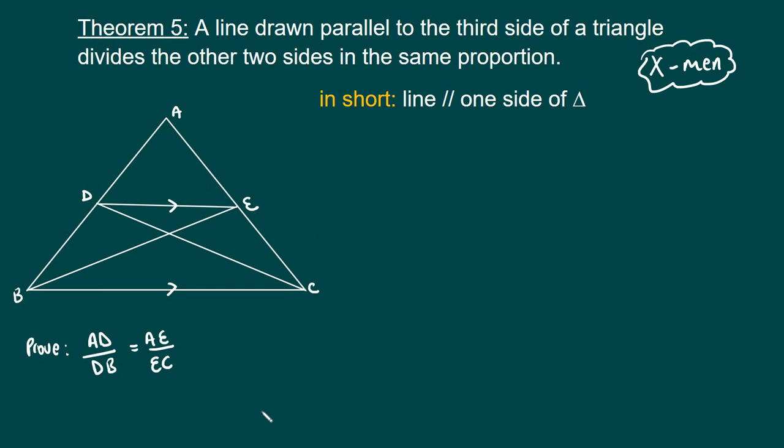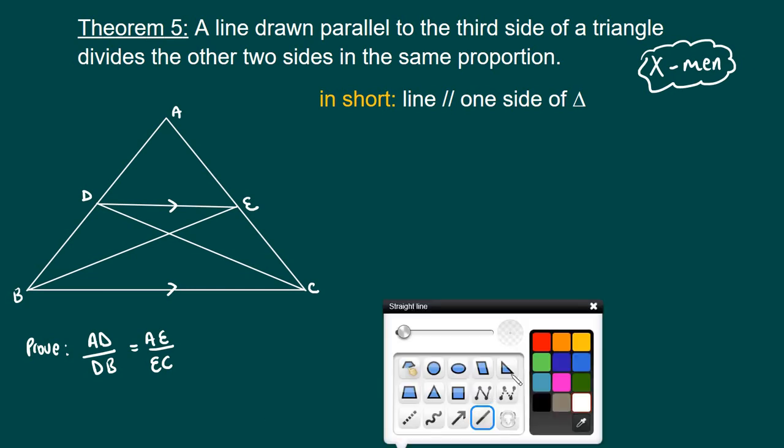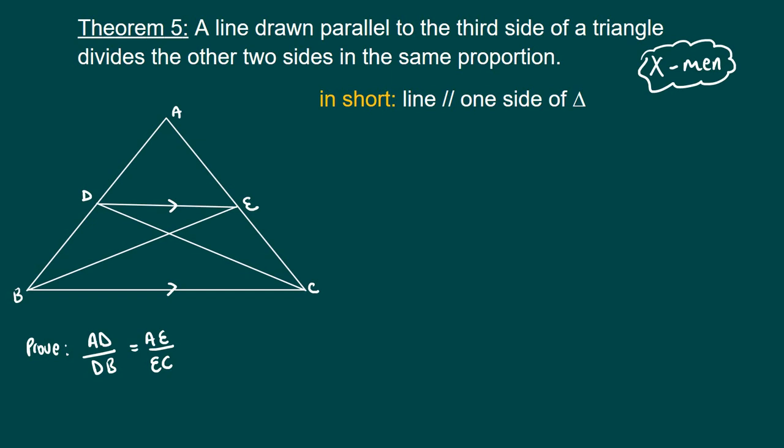After you have joined them, you tell the examiner, number one, join BE and DC.